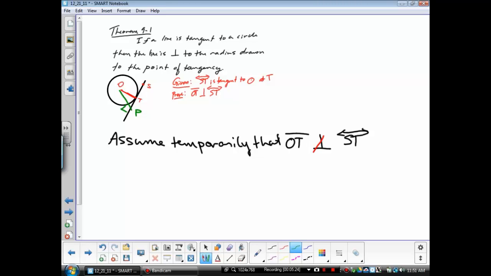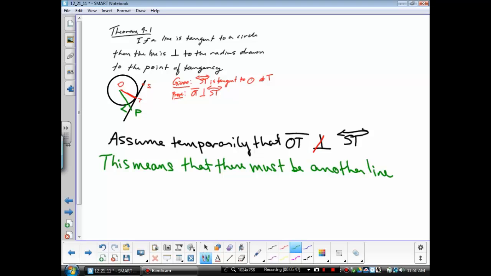This means that there must be a line OP that is perpendicular to ST, because through any point off a line, there is a line perpendicular to the line through that point.